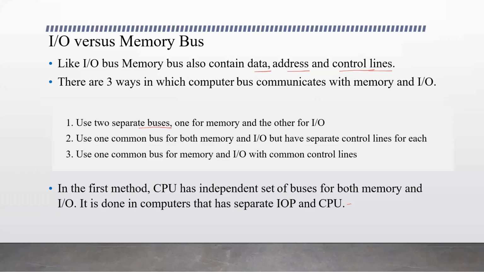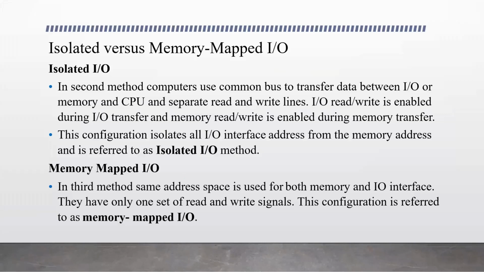In the second method, the computers use a common bus to transfer data between I/O, memory and CPU. It uses a common bus, but separate read-write lines. I/O read-write is enabled during I/O transfer.